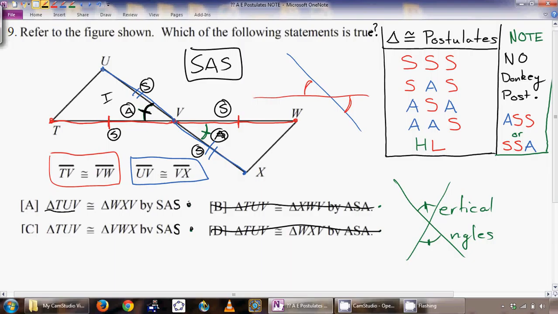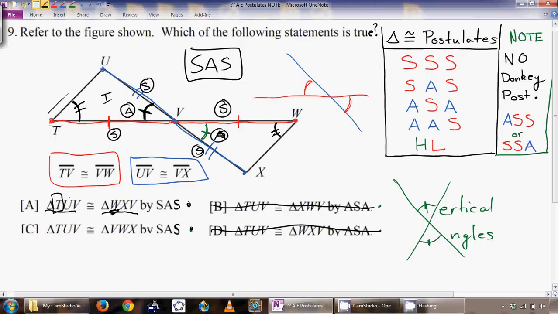If triangle TUV is congruent to triangle WXV, then angle T, let's go find that, angle T, the angle formed by my red and black side, must be congruent to angle W. Yeah, alright, that looks good. That's the angle formed by my red and black side. Alright, that holds up.